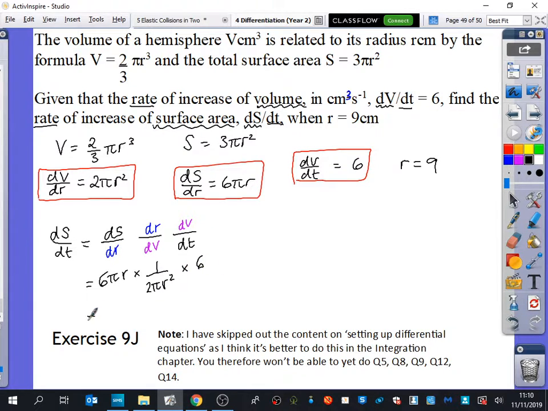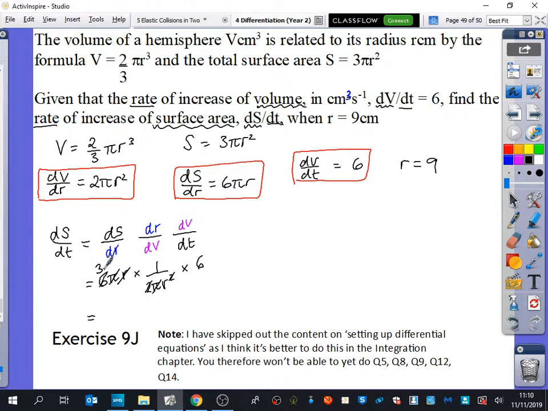Now, I personally would like to do lots of cancelling really quickly here. Luke, which things can you spot that can cancel? Yeah, so I could cancel this 2 with one of the 6's and replace it with a 3. Anything else? The pi will cancel with the pi here. The r will cancel with the squared part.